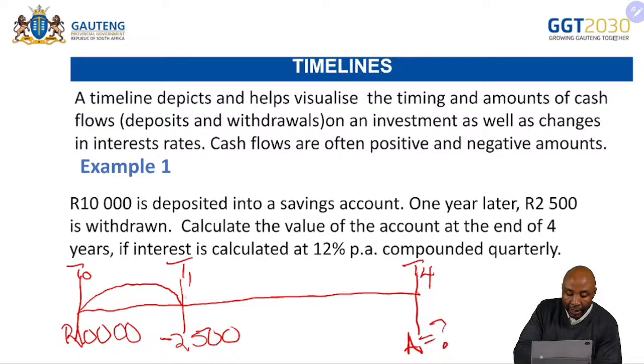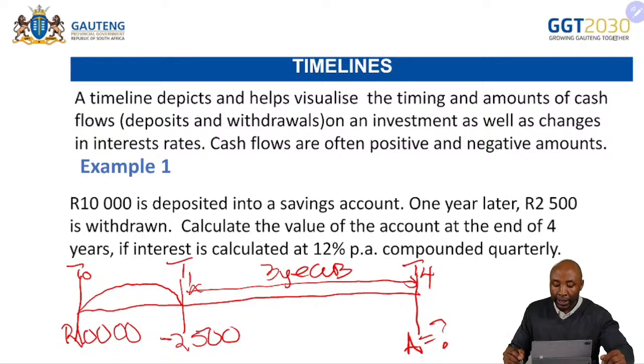Whatever was the final amount for 1 year, we take out 2,500. That becomes the principal amount for the remaining 3 years. So that is the A that we want to get. After this withdrawal of 2,500, how much will be in the account at the end of 4 years?